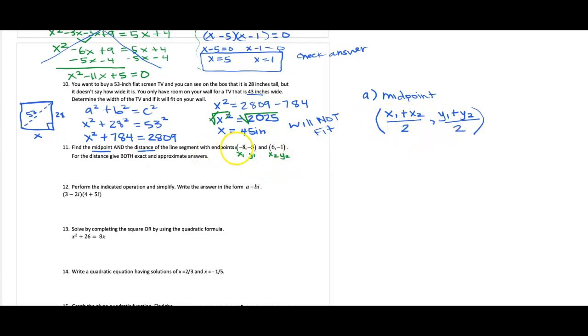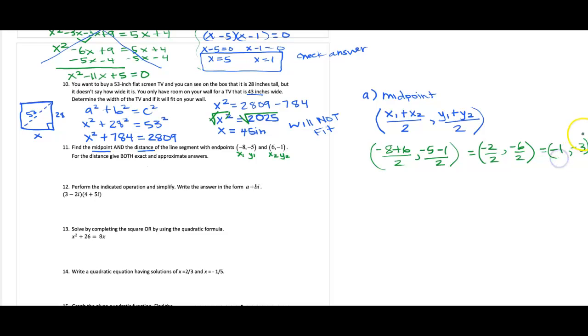All right, so our x's added together, -8 plus 6 divided by 2. And then our y's added together, -5 plus a -1 all over 2. And now let's simplify this completely. On the top, I get -2 over 2. And on the bottom, -6 over 2. And so this will still simplify more. So I get -1, comma, -3.